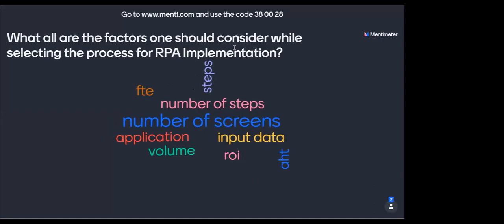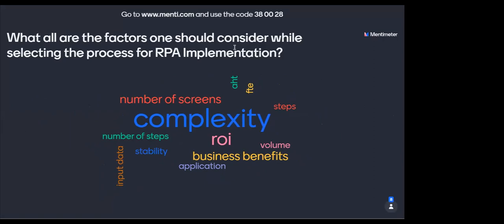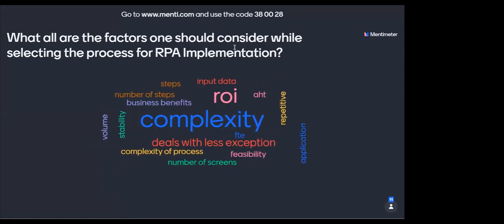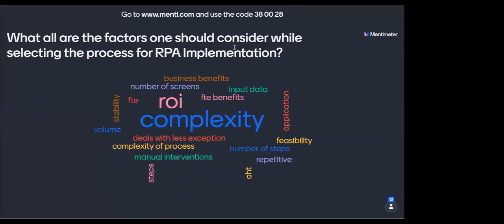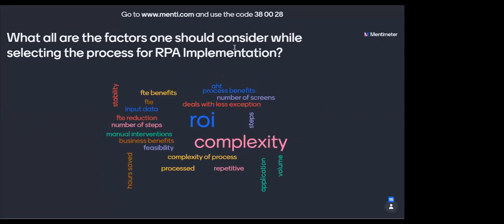Okay. Number of steps, stability, FTE. Any factors you think can affect the complexity or that should be considered while the cost is being calculated? Manual hours saved, manual interventions.